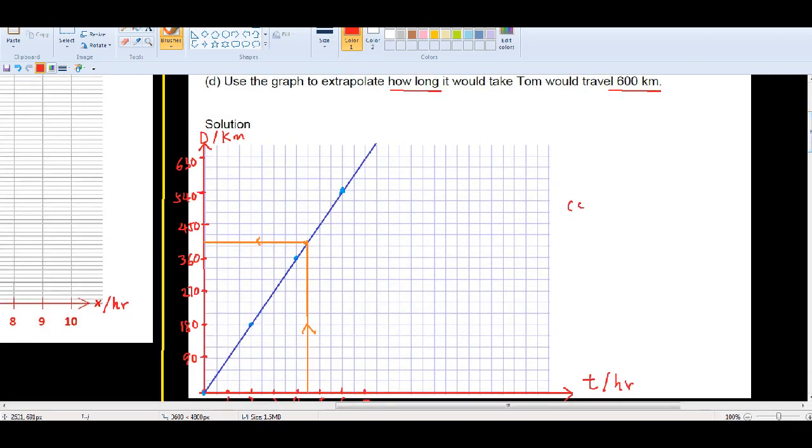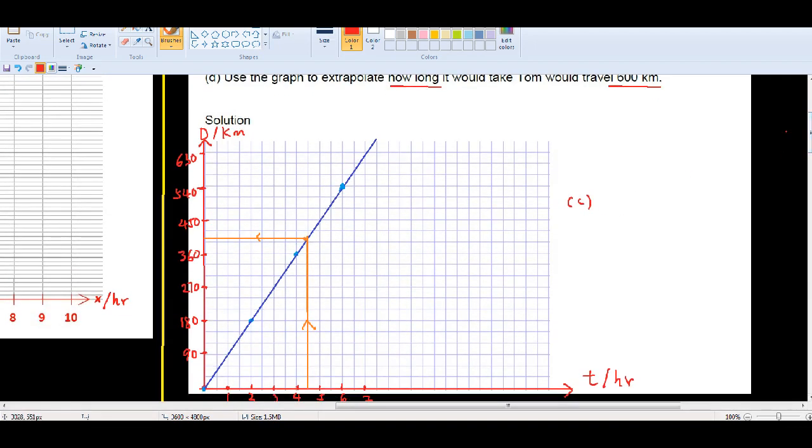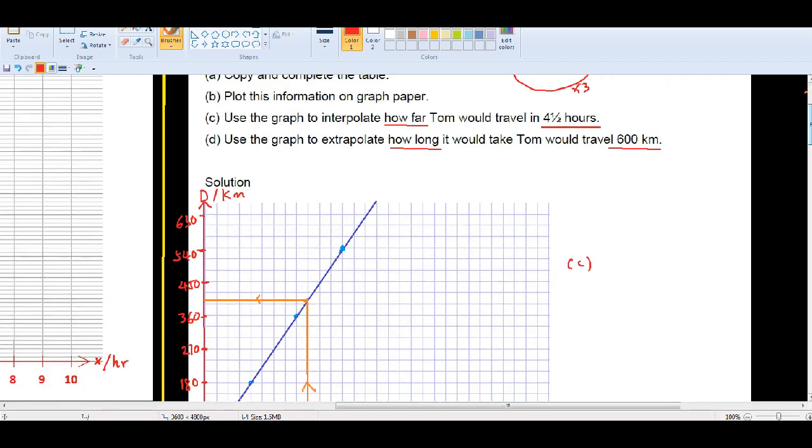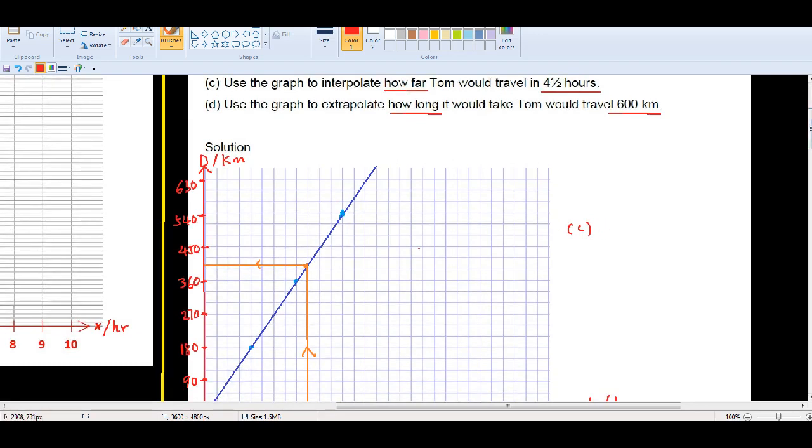Sometimes if they are not exactly on the position of the grid line, then that's okay. Because that's 390 plus a little bit, and each division is 1/3 of 1 unit, so that's 10. So 390 plus 10 is 400, right? So you just answer: Tom would travel around 400 kilometers, because it's not exactly 400 kilometers.